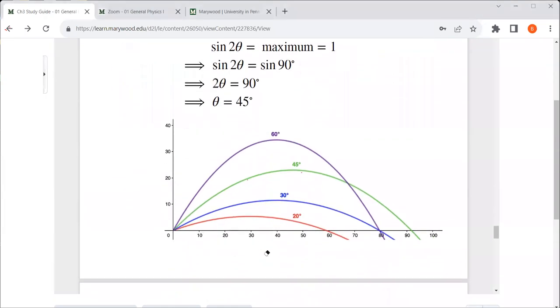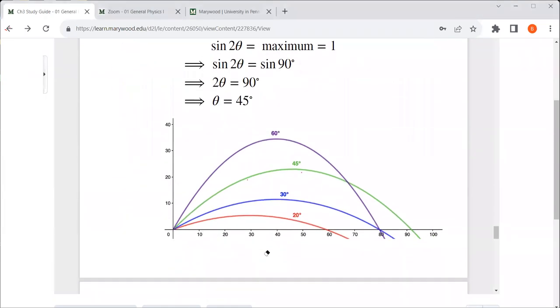Now here I have a simulation. I drew this from some mathematical software. You see that if I keep the initial velocity constant, for 45 degrees it reaches the maximum horizontal range.